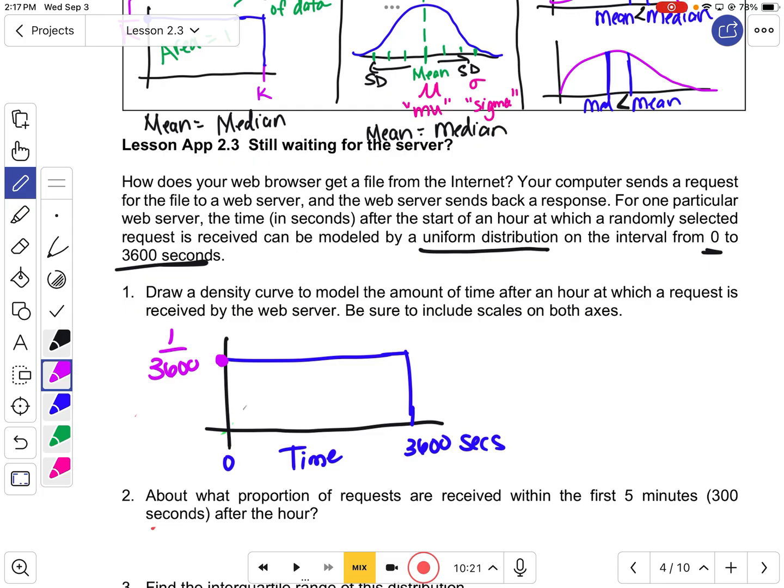So if it says, give me a uniform distribution, it'll tell me what the bottom is. Now, there's one on your assignment today that talks about the time you have to get up, so you set an alarm for 5 minutes before and 5 minutes after, okay? So think about that.